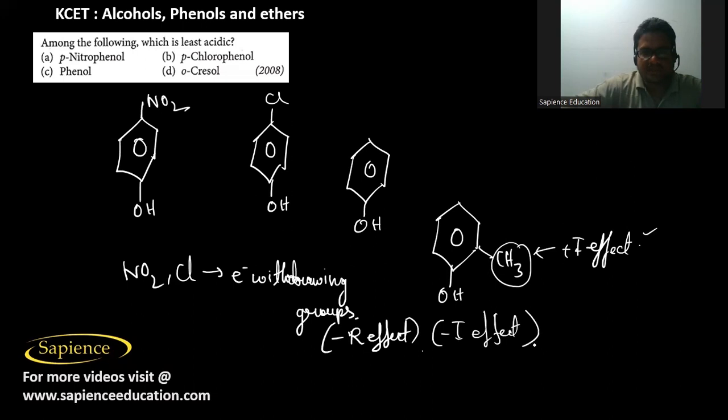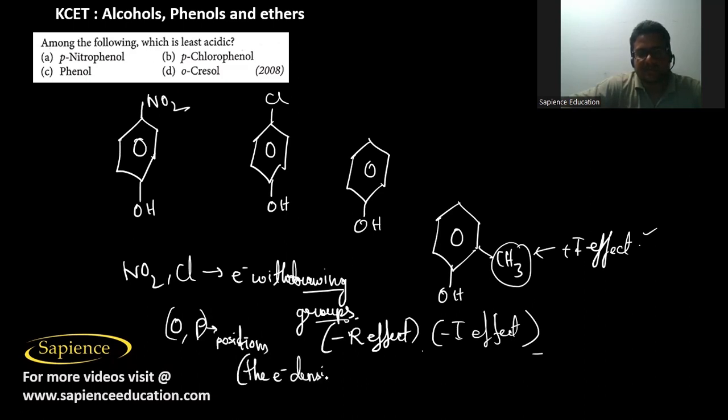When electron withdrawing groups are attached to the benzene ring, they decrease the electron density in the ring at the ortho and para positions.